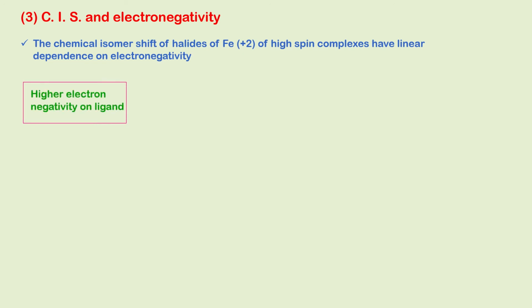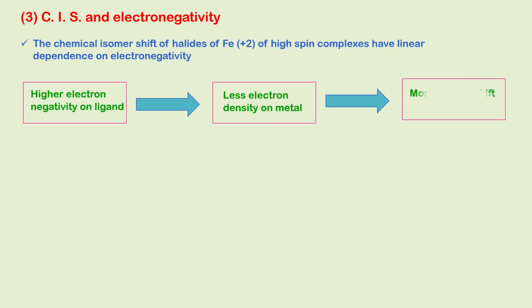Higher electronegativity of the ligand means less electron density on the metal, because the ligand tries to pull electron density towards it, making the metal electron deficient, which means the CIS will increase.